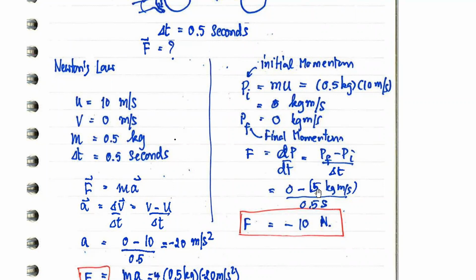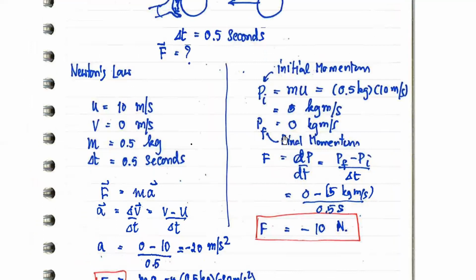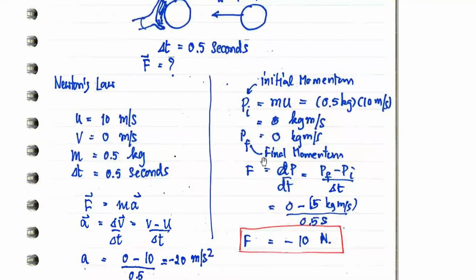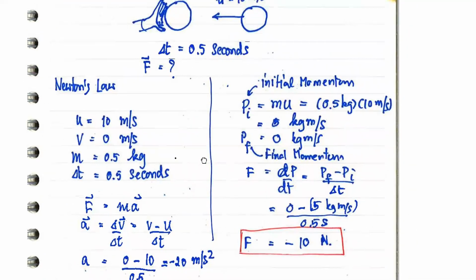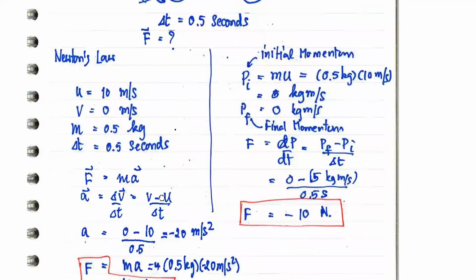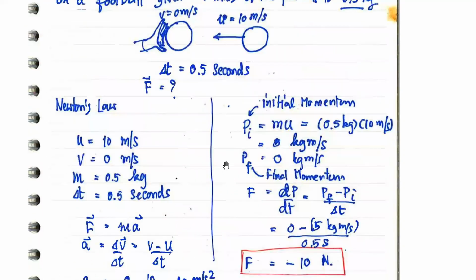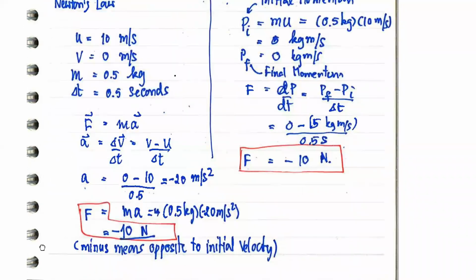It's 0 minus 5 divided by 0.5, so it is minus 10 newtons. It is the same thing, but it reduced the process by half. So you can consider using this when solving problems. But the important use of momentum is by comparing with the third law and using it in collisions.